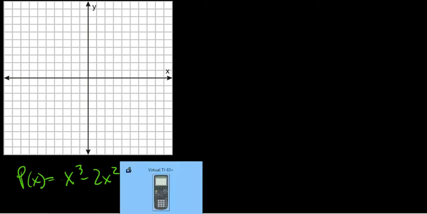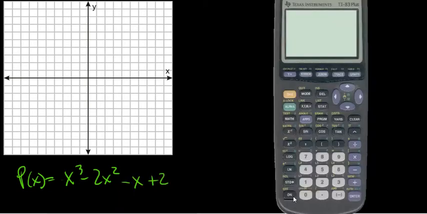Now, I'm going to graph that on a graphing calculator, and that's what the graph looks like. This is the graph of x to the third minus 2x squared minus x plus 2. I'm going to zoom in a little bit. Enter, enter.